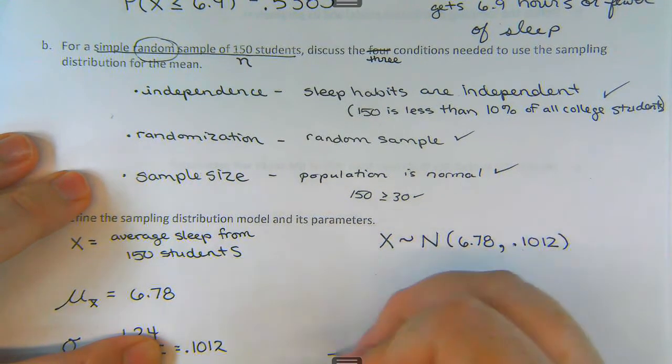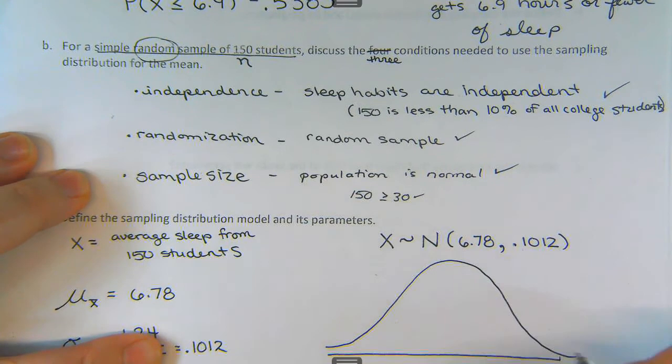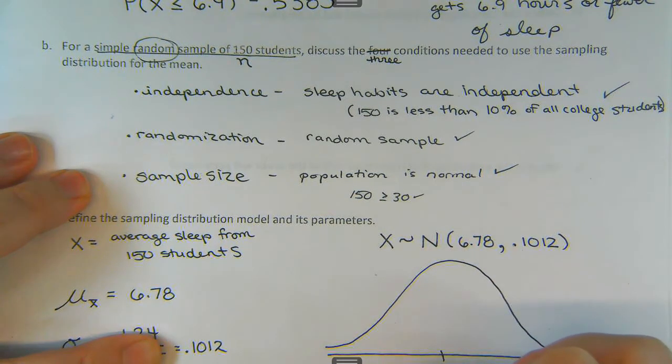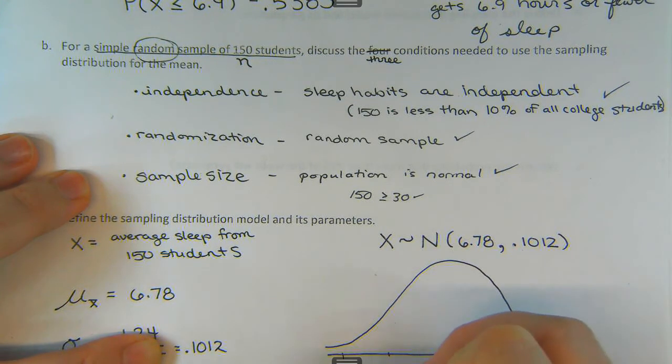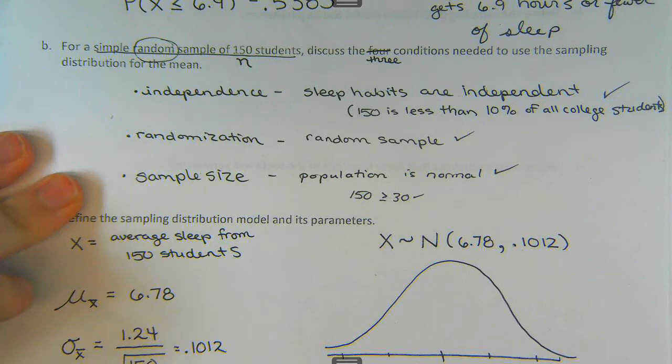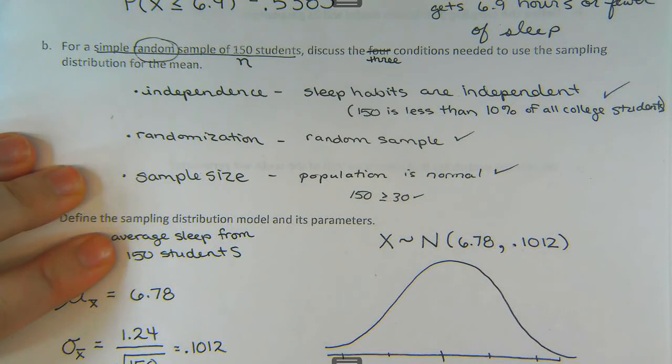So this bell-shaped curve, just to get an idea, if that's 6.78, and we go 2 standard deviations above, 2 standard deviations below, and I'm just going to round these a little bit, 6.98. We can get an idea of the number line for how the means should behave, this average sleep from 150 students.